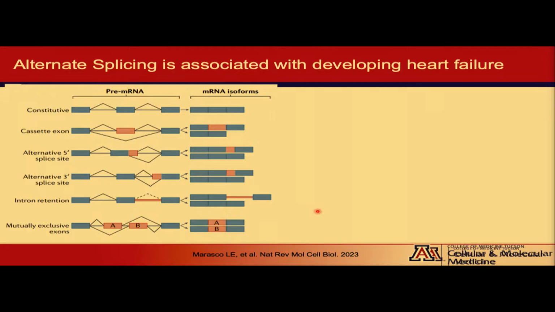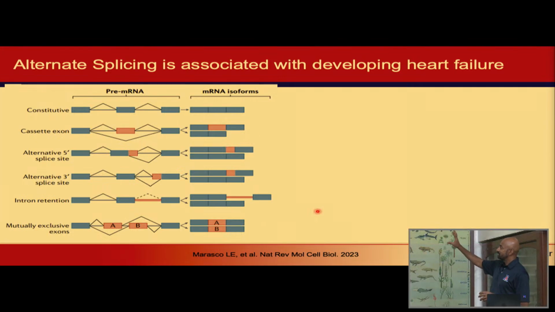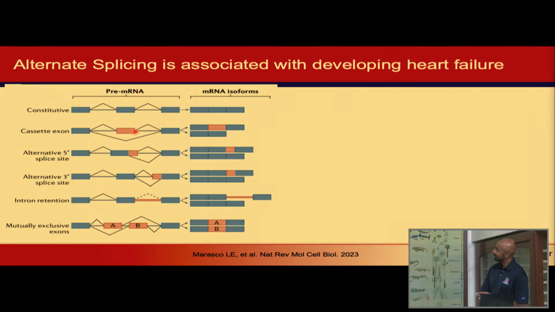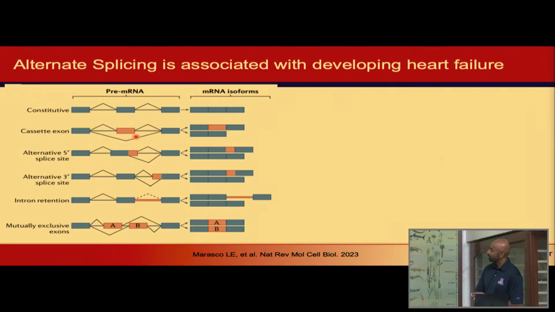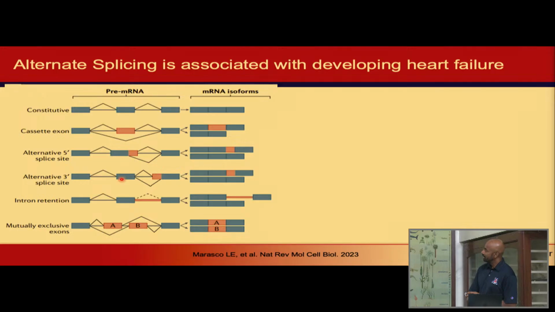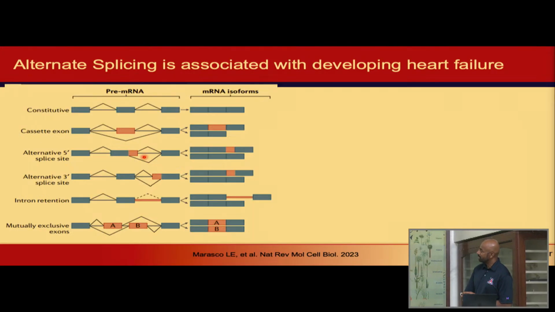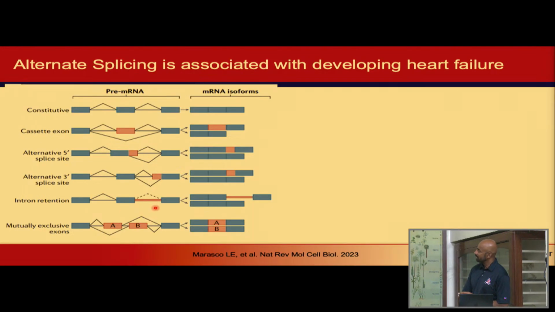In the literature, you can see various altered splicing in heart failure, in any kind of disease process. From pre-mRNA, you can have normal splicing, and then you can see complete exon skipping, altered 3 prime, altered 5 prime, intron retention, and mutually exclusive exons.